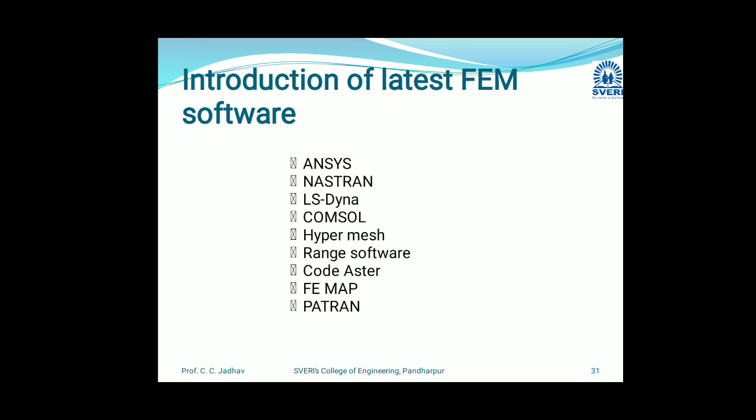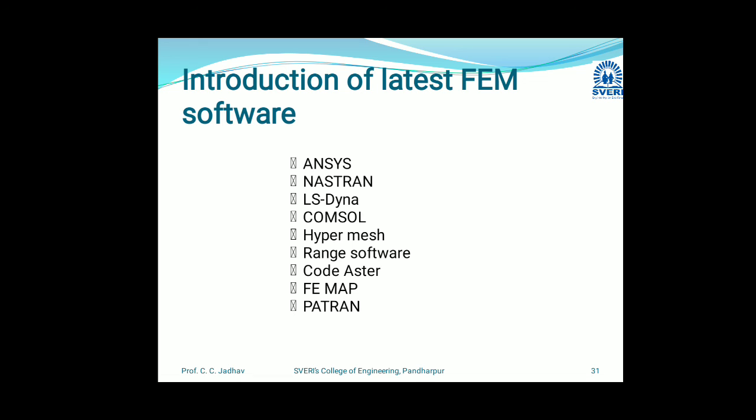It is developed by ANSYS Inc. It is USA based software and it is developed as a CAE package. The student version is available up to 32,000 nodes. So up to 32,000 nodes we can analyze these problems free of cost. Beyond this we have to pay for the license copy. So this is the first software.